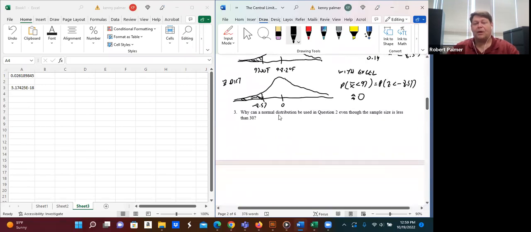Okay. So now, why can the normal distribution be used in question 2, though the sample size is less than 30? So we know our sample size in this case was equal to 20, which of course is less than 30.